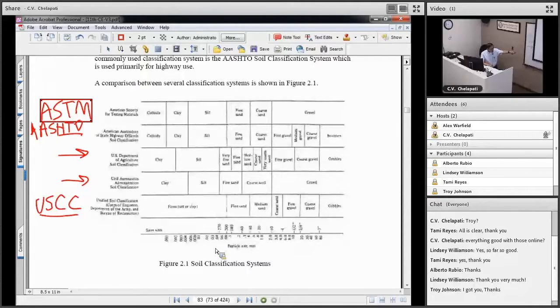You can see on the very end point, 0.001 millimeters, whereas up here on the big side, we're getting up to where we limit on gravel, maybe where it interfaces with cobbles, up to 3. A large difference in sizes. And basically, we're dealing with coarse grain material and fine grain material.